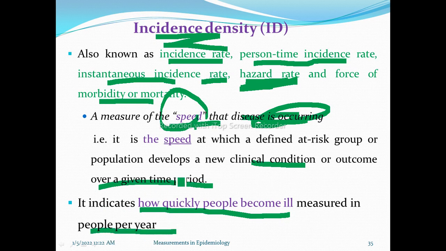So there is a duration, a time period. The population at risk should be followed, and the outcome will be determined. That is said to be incidence. It indicates how quickly people became ill in some period of time.